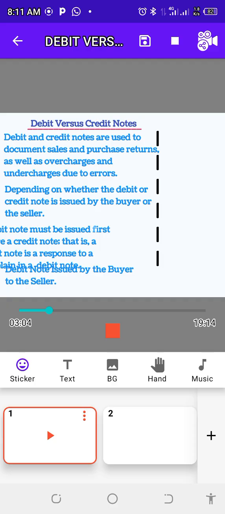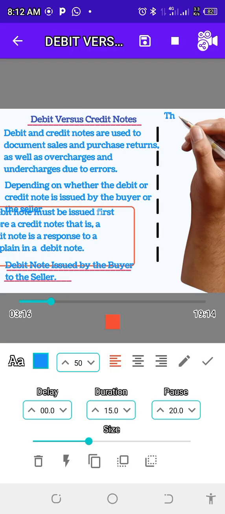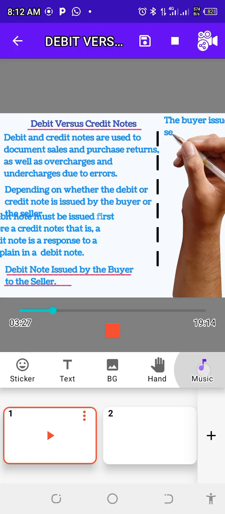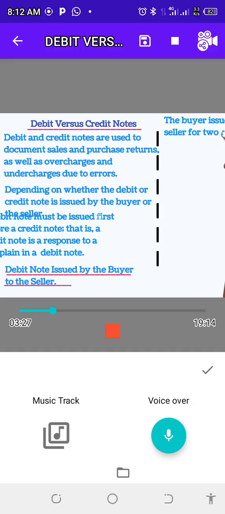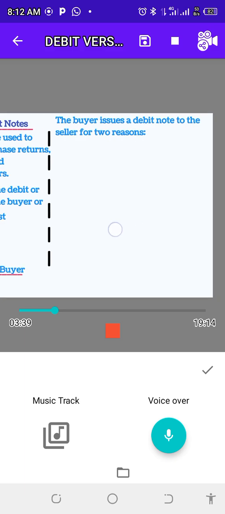The buyer issues a debit note to the seller for two reasons.